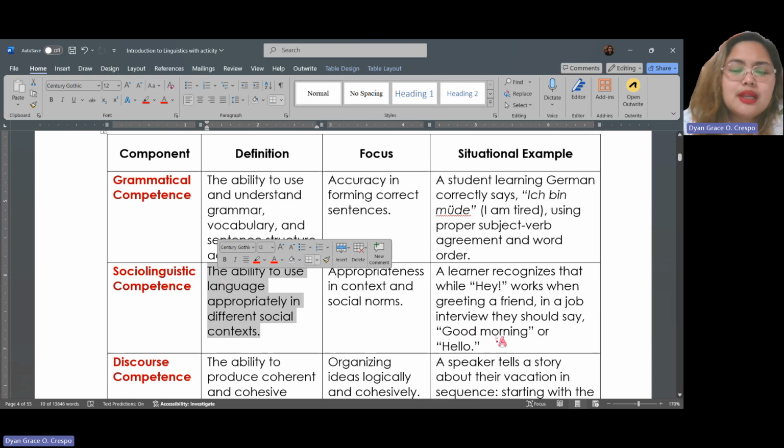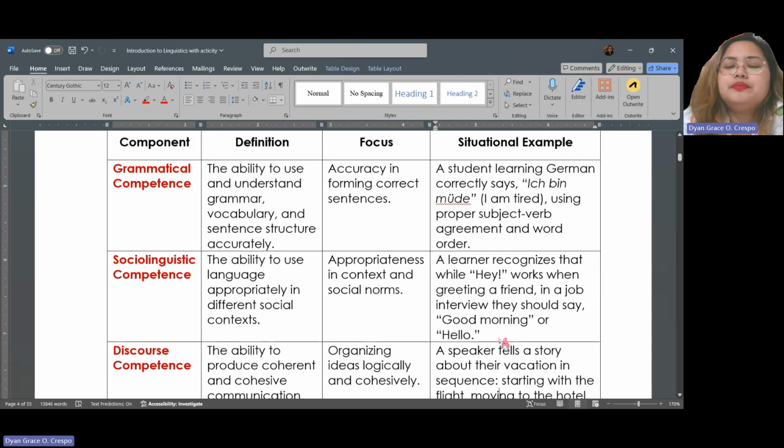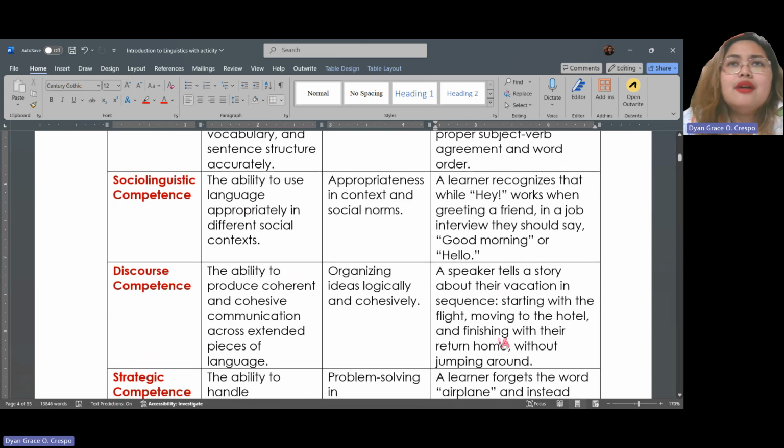So a learner recognizes that while "hey" works when greeting a friend, in a job interview, it's not okay to say "hey." In Philippines, not all have po and opo. That is a Tagalog thing. And as for instance, you are in English, we also don't have po and opo.